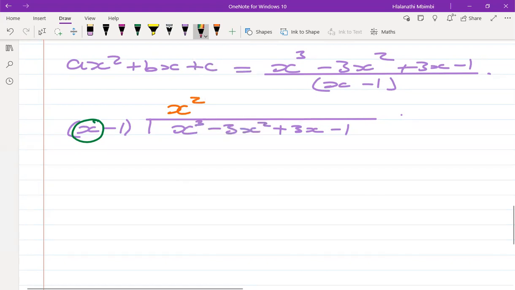Rainbow, okay, cool. So you would have x cubed like that. Are you happy? Now, after getting that x cubed, you must again say x squared times negative x. What do you get?